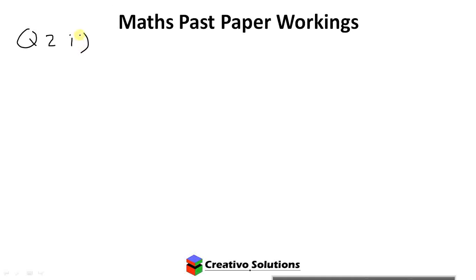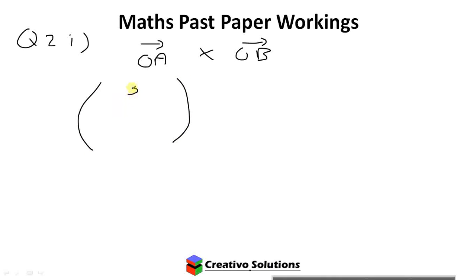Same thing. Okay, good. So what must we do then? We need to multiply them out. So basically it's the OA vector times the OB vector. Because it's perpendicular, we multiply. So in brackets it's 3, minus 6 and P, multiplied by the other vector, 2, minus 6 and minus 7.